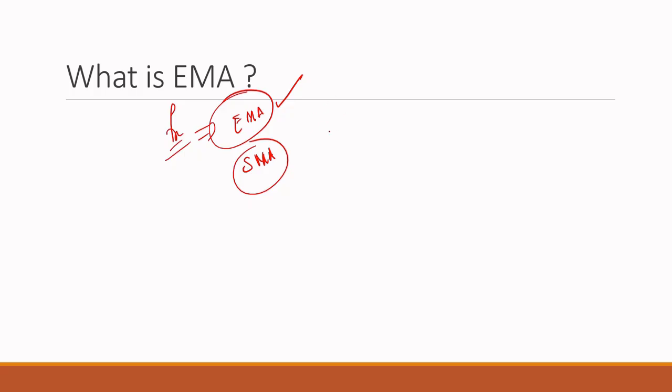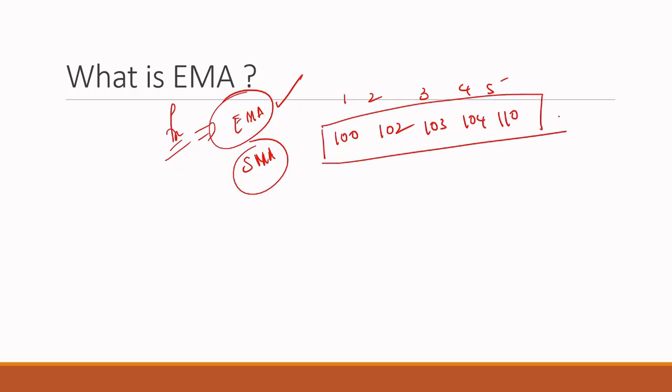The simple moving average, for example, if I plot the prices of a stock over a period of 5 days, say it is 100, 102, 103, 104, or say I'm just putting a random number, 110. What happens in case of a simple moving average is that when it uses the moving average, it just adds everything and then divides by the number of days, in this case 5, to get a value for the 6th day.